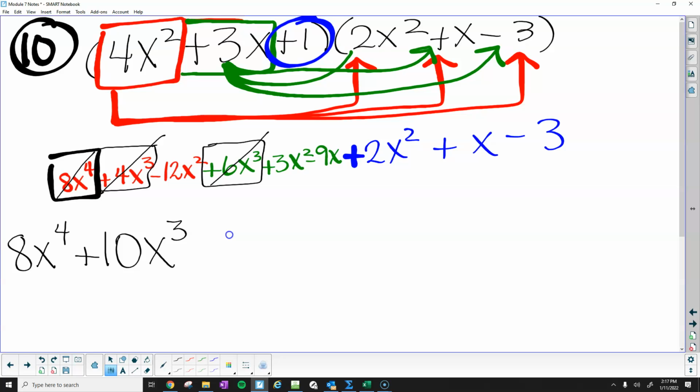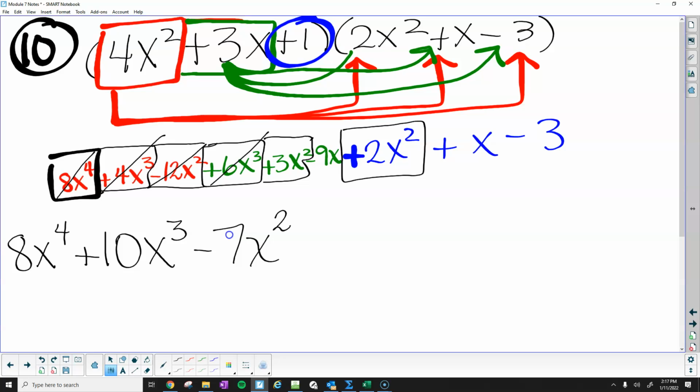We have 3 of those, y'all. We have this negative 12. We have a positive 3x squared. And then we also have a positive 2x squared. Again, just add the numbers. Negative 12 plus 3 is negative 9. Negative 9 plus 2 is negative 7. So write negative 7x squared and then cancel them out because we wrote it.